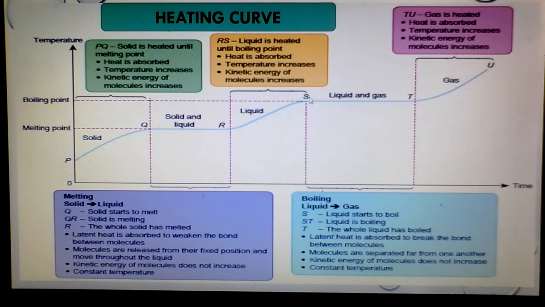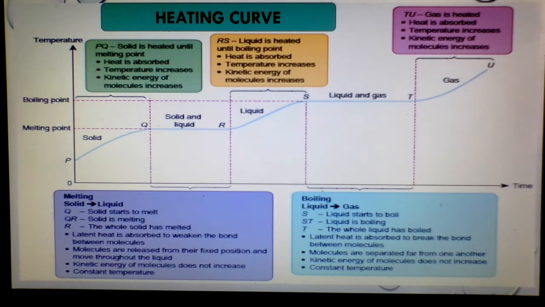And then when we reach S, the liquid state, ST is the boiling point, meaning the liquid starts to change to gas. So the amount of heat required here, we call it latent heat of vaporization. ST is the mixture of liquid and gas. At T, all the liquid has changed to gas. So T means gas state.